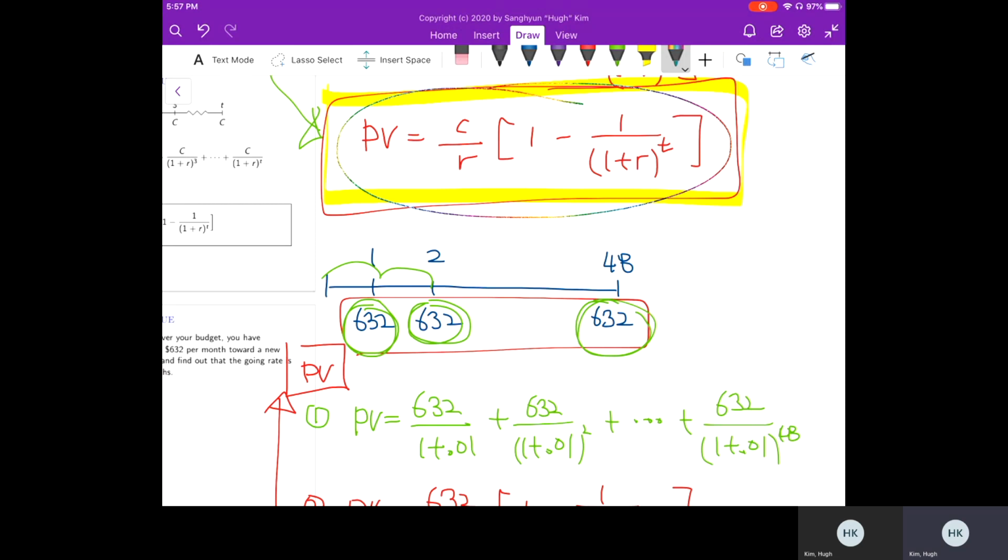If you look at this equation, you see that there are 4 variables: present value, C, which is the payment, R, which is the interest rate, and T. That means that if you know any 3 of these variables, then you can find the 4th variable. In this example, you figured out the present value given the rest of the variables. In different situations, you may be interested in finding different variables. Let's look at more examples.